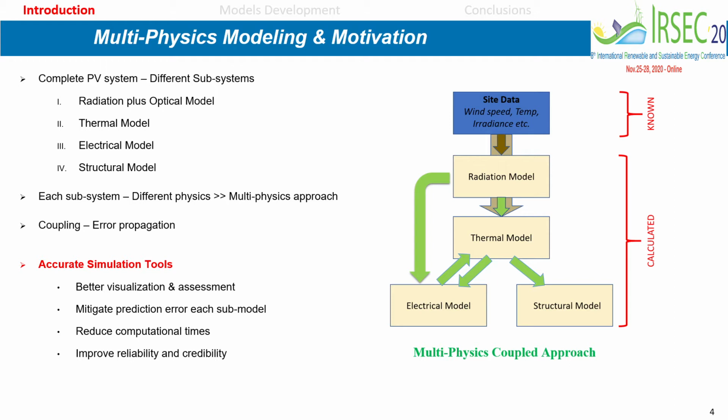So we wanted to develop a model that is fully transient for temperature prediction, and also accurate enough, and that is coupled between radiation and optical modeling, thermal modeling, electrical modeling, and structural modeling. In each there is a different physics, and that's why we call it multiphysics modeling.